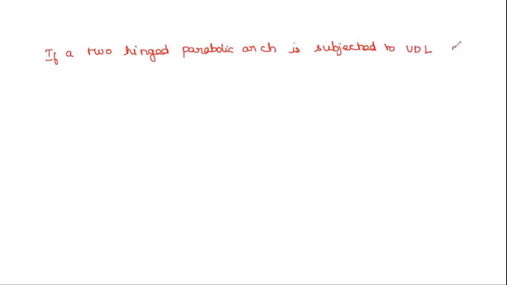So moving to the next question. If a two-hinged parabolic arch is subjected to UDL over the entire span, the horizontal thrust will be dash.